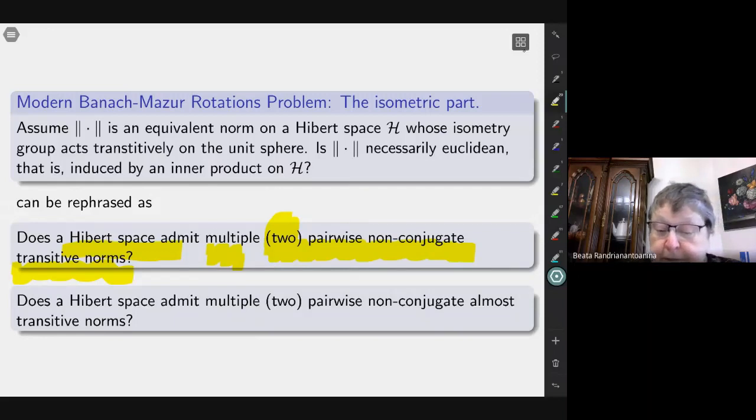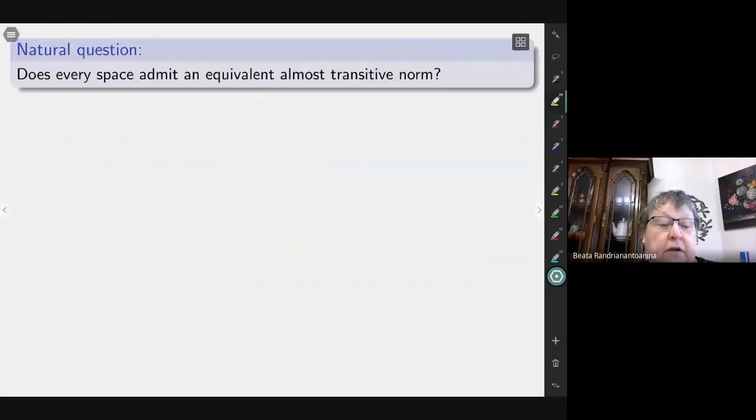Or, if you don't want transitive, can you produce a non-conjugate almost transitive norm? On every other space that we know is almost transitive, we know how to produce additional norms with that same property. So can we do it on a Hilbert space? This is open.